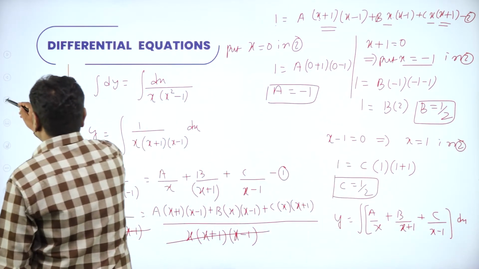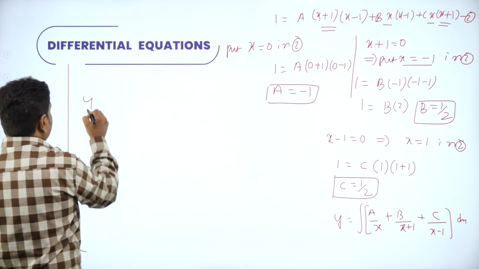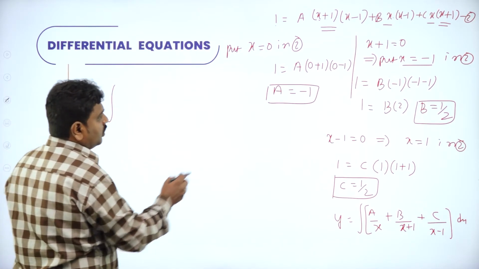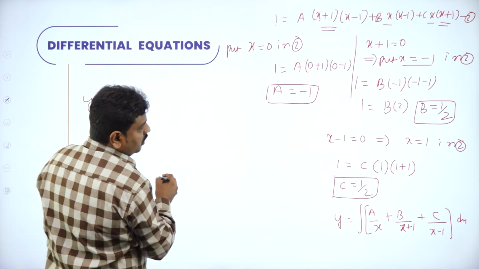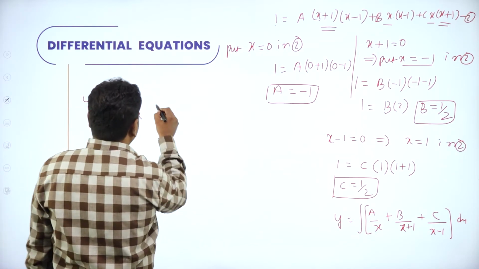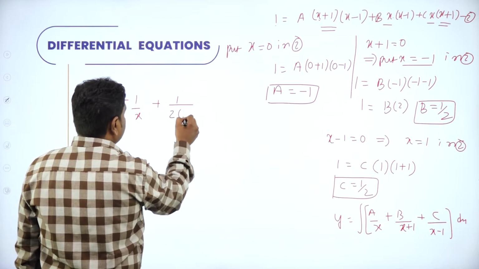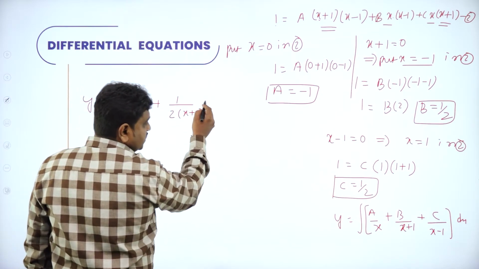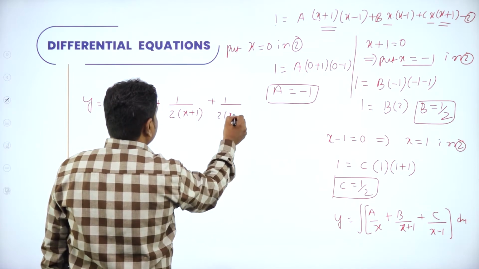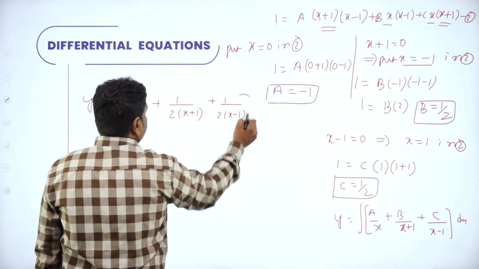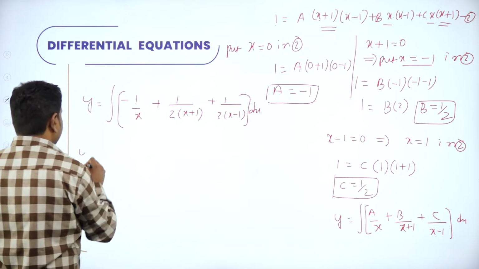So y is equal to integration of, what is a you got? Minus 1 by x plus what is b you got? B is 1 by 2, so 1 by 2 times x plus 1 plus what is c you got? C value is 1 by 2. 1 by 2 into x minus 1. The whole thing with respect to what? Dx.